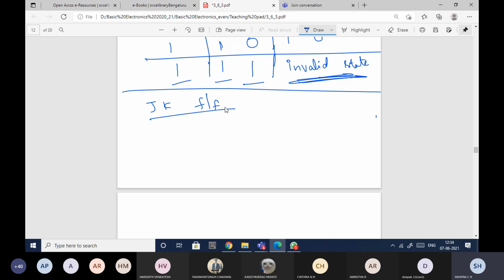This is the next flip-flop which will overcome the disadvantage of the last case: S is equal to 1 and R is equal to 1 going to the invalid state. That invalid state will be eliminated using the JK flip-flop.